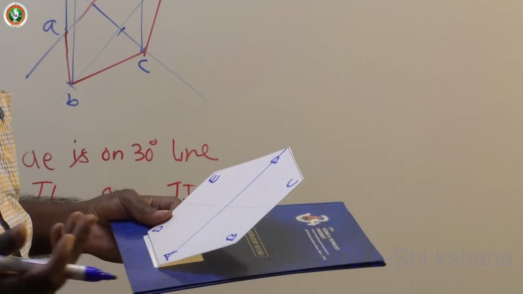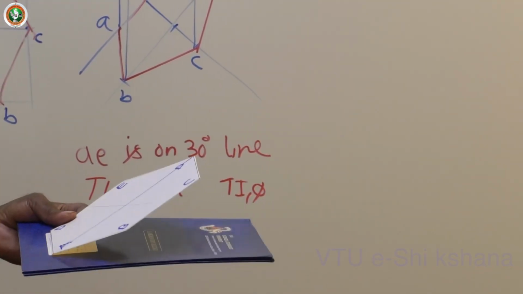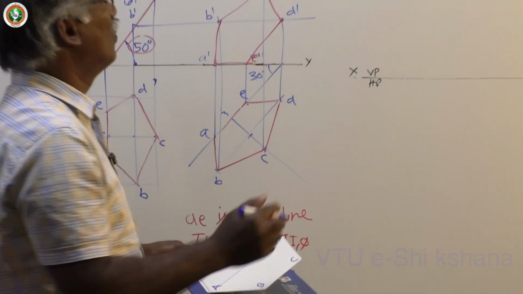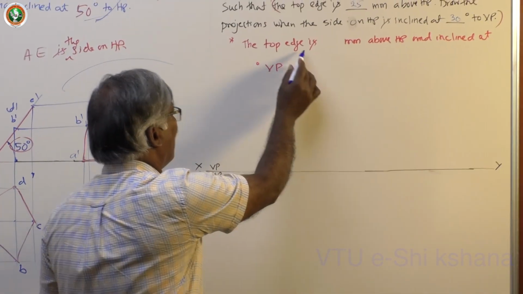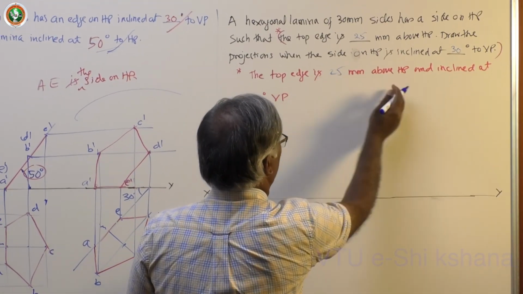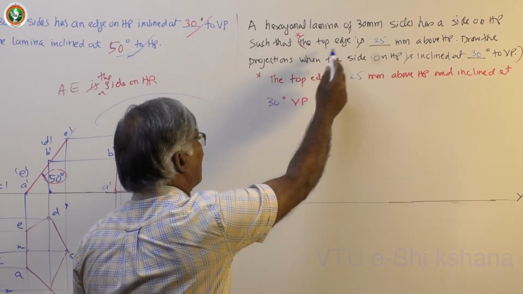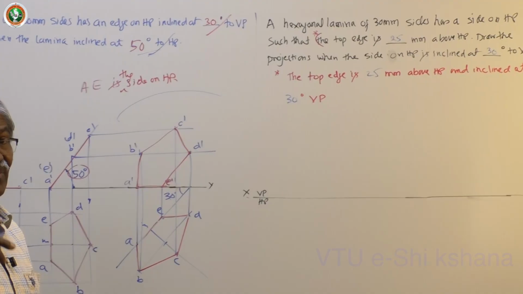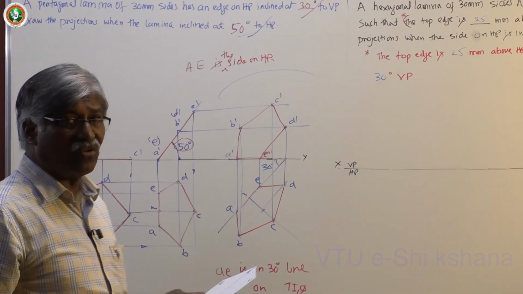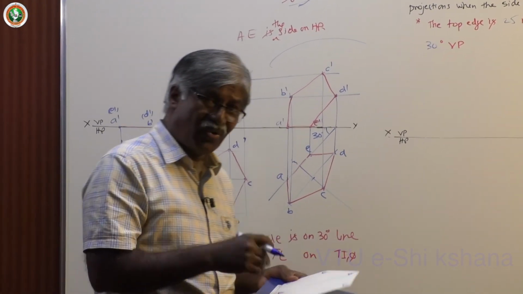So try to understand this. The version may be different in your question paper or test or classwork. So I take this: the top edge is 25 mm above HP and inclined at 30 degrees to VP. Same thing. Whatever I have given, it means the same. So you must concentrate on where you have to start, whether to start from the top view or the front view.